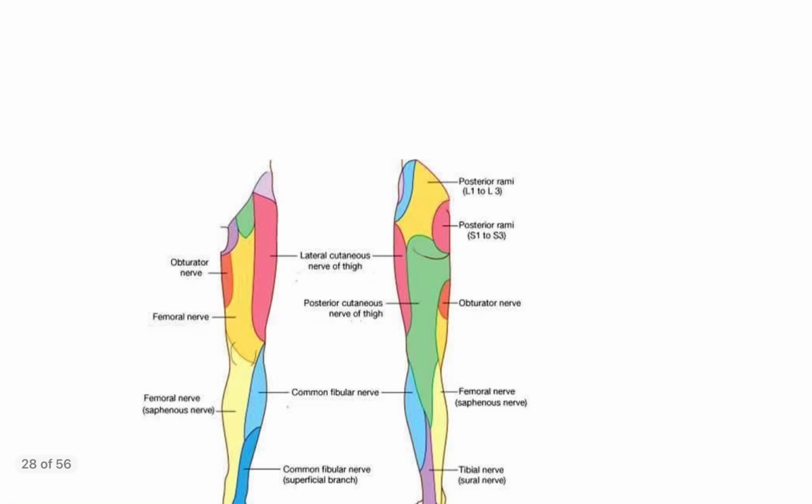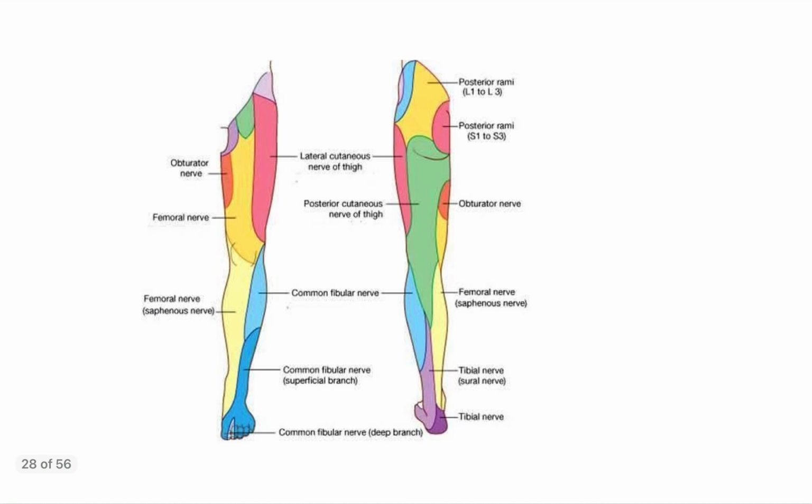See this beautiful image from Gray's Anatomy. Here, this is the foot and this is the medial aspect of the foot. The medial aspect is supplied by the saphenous nerve, and laterally it is supplied by the sural nerve. The first web space, which is also an important question for upcoming exams, is supplied by the deep peroneal nerve.